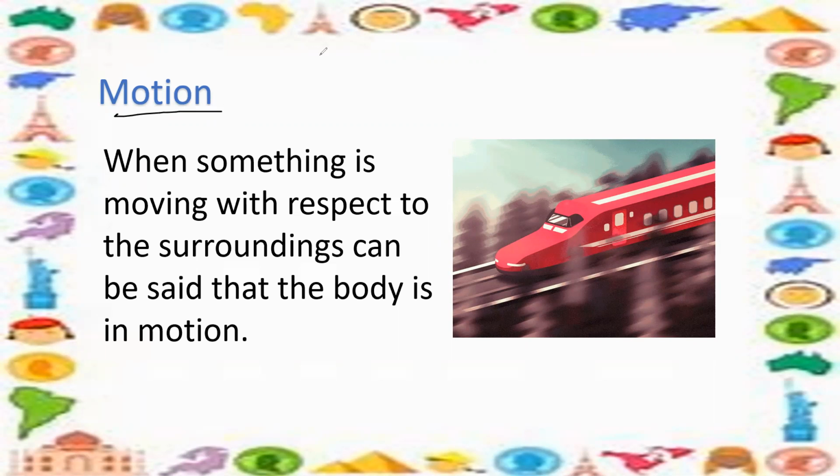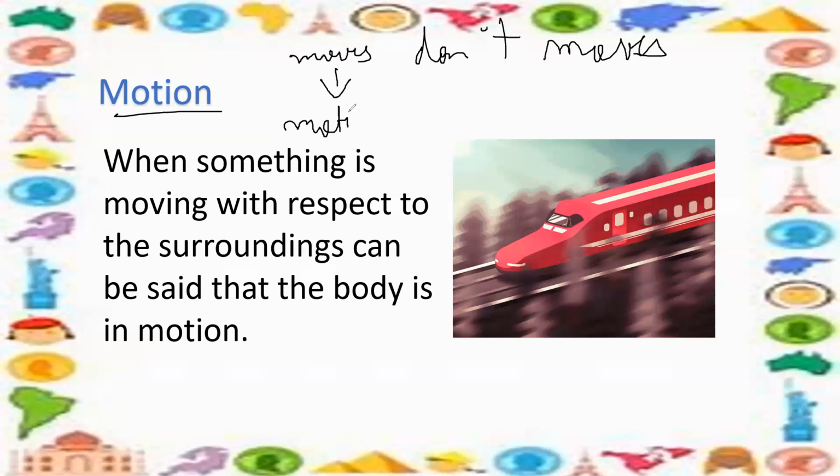The things that we learned, move and don't move, how can we describe them? We can say that the things that move can be in motion, and the things that don't move can be in rest.